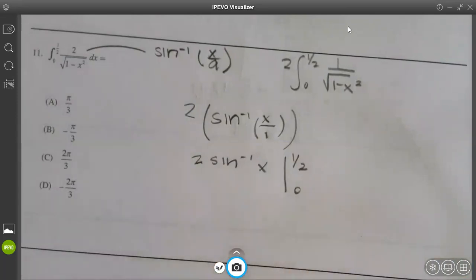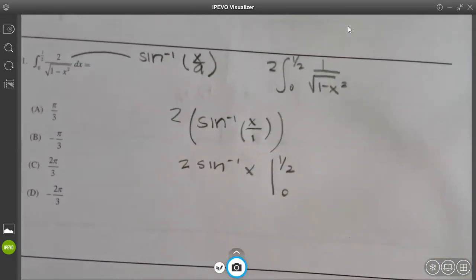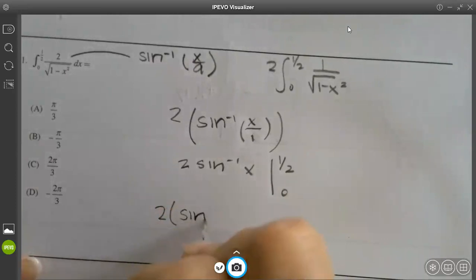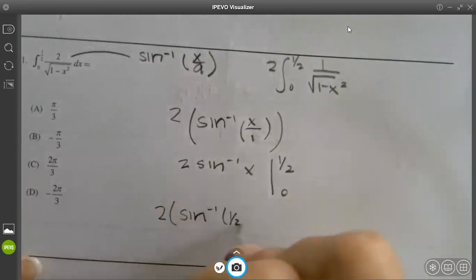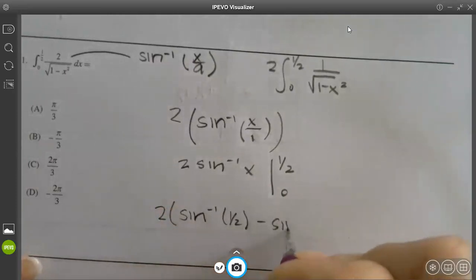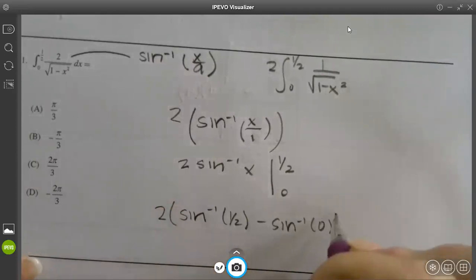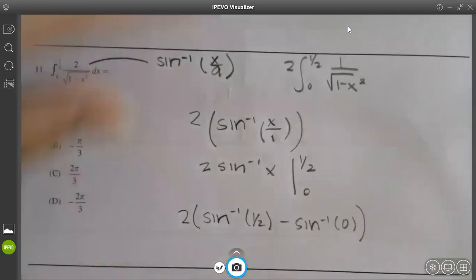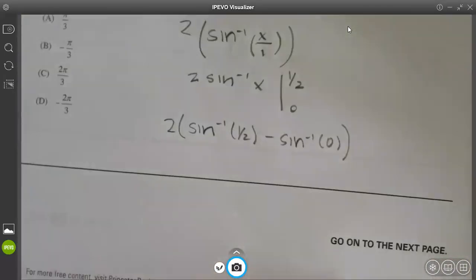All right, what do I do now? Plug in. Sine inverse of 1/2 minus sine inverse of 0. Sine is which coordinate? The y coordinate.